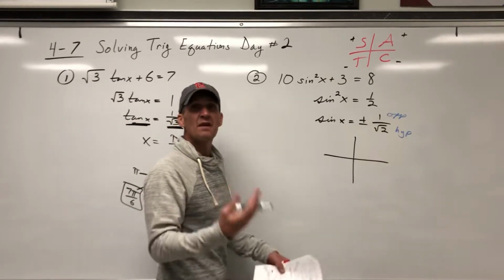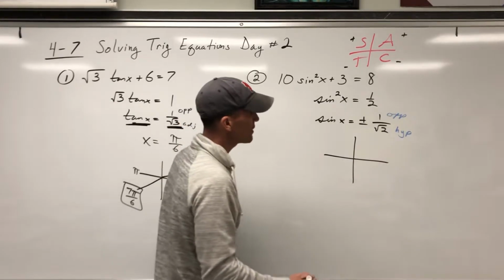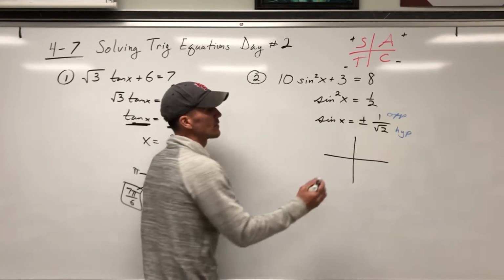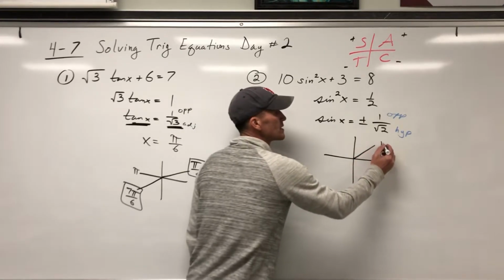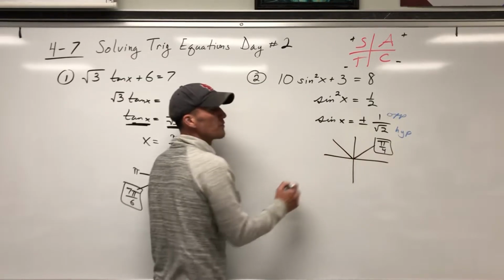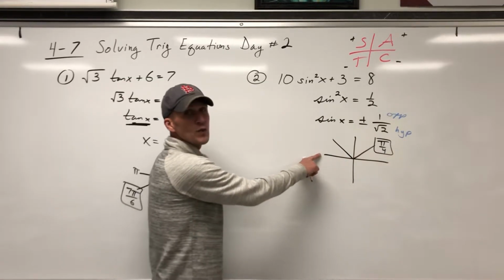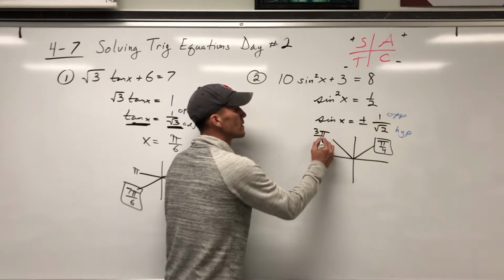So I'm going to have to take that 45-degree or pi over 4 radian reference angle and put it into all quadrants. So pi over 4 reference angle is pi over 4. Pi over 4 reference angle, well, it's 1/4 short of 1, so it's 3 pi over 4.